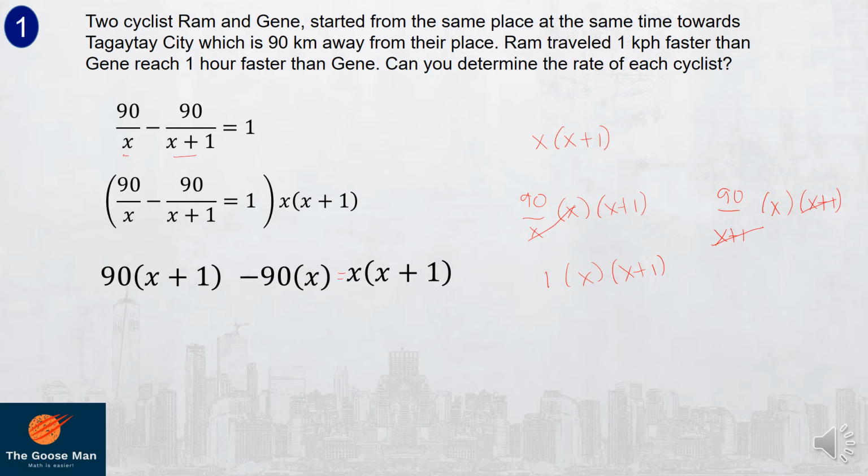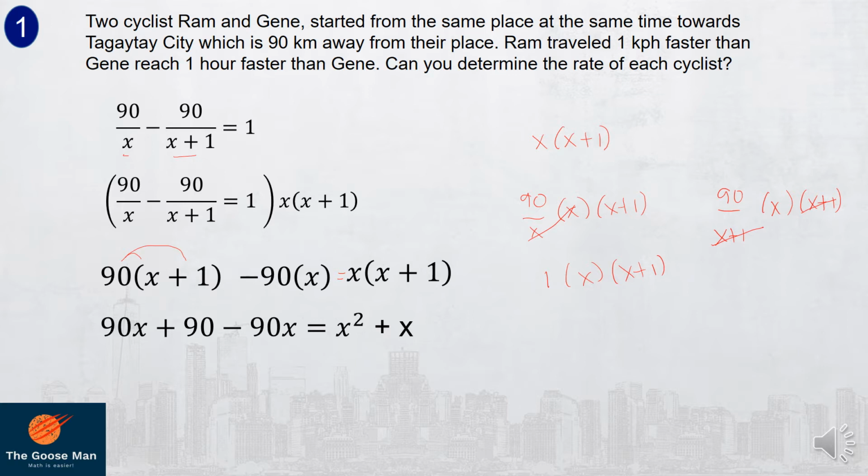So next, I'll distribute now here 90 times x and 90 times 1. Then I'll continue the distributive property. So I'll come up with 90 times x plus 90 because 90 times 1 is equal to 90.